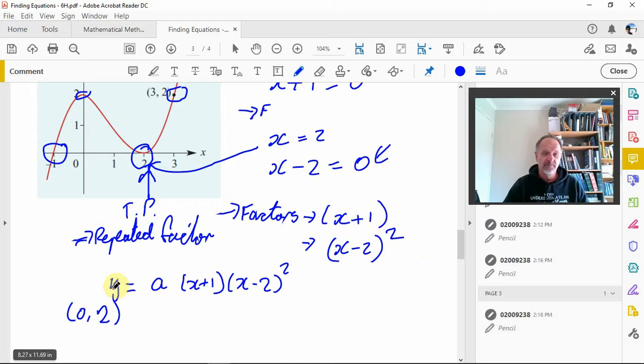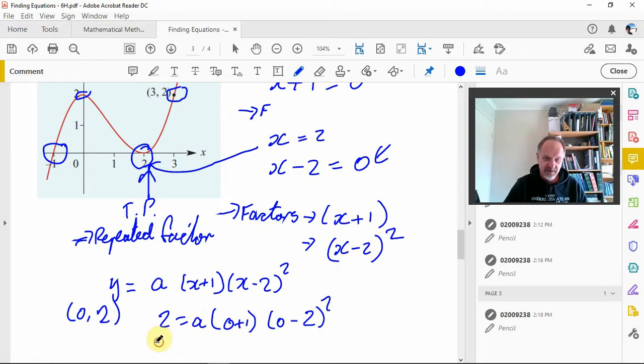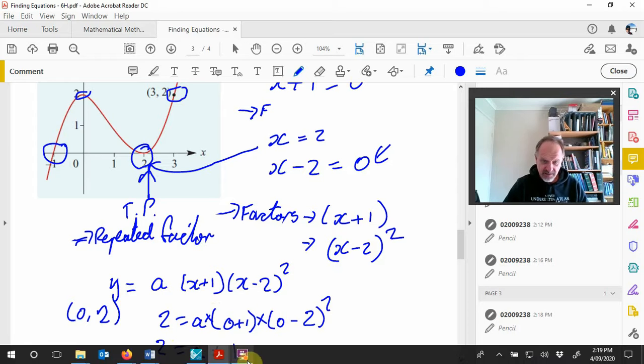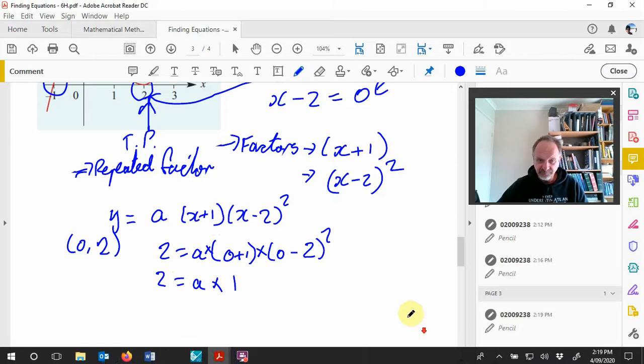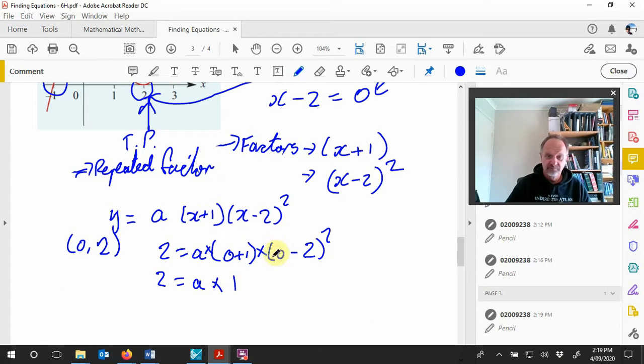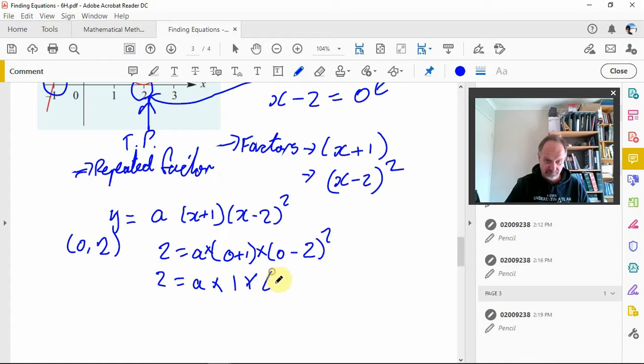So if I put those numbers in here, 2 equals a times 0 plus 1 times 0 minus 2 squared. So 2 equals a times 1, so don't forget that's times in here, times negative 2 squared. So 2 equals a times 1 times 4.